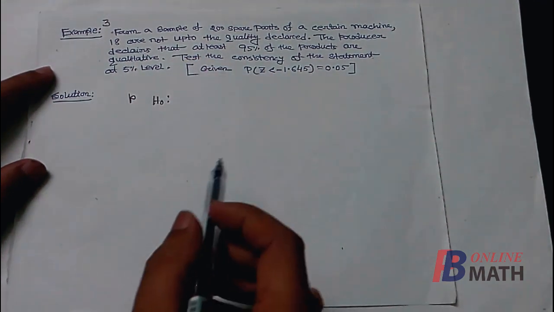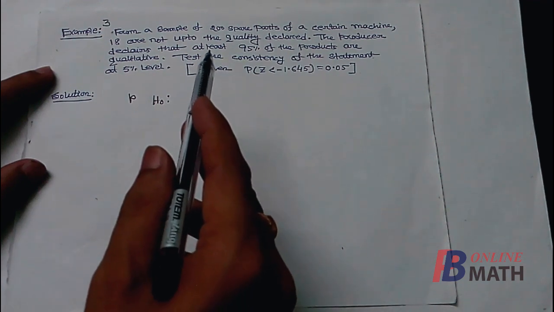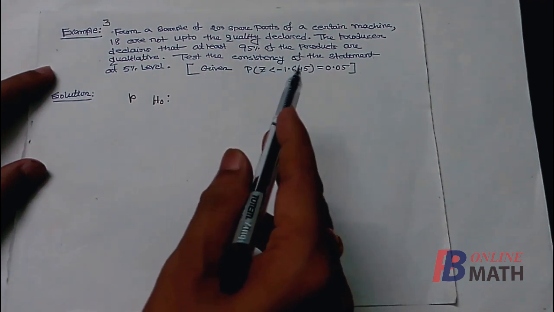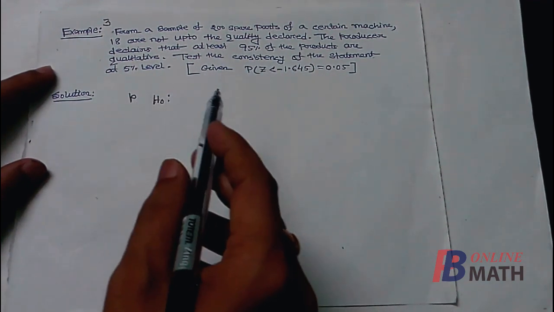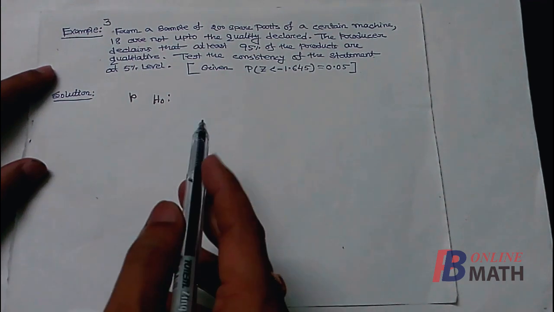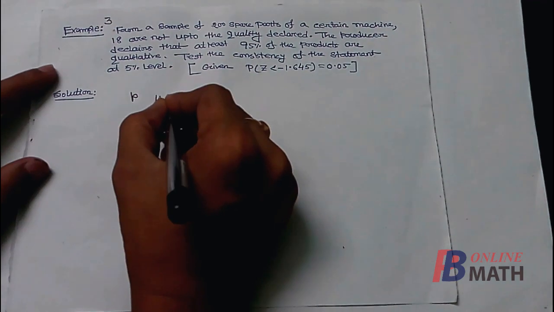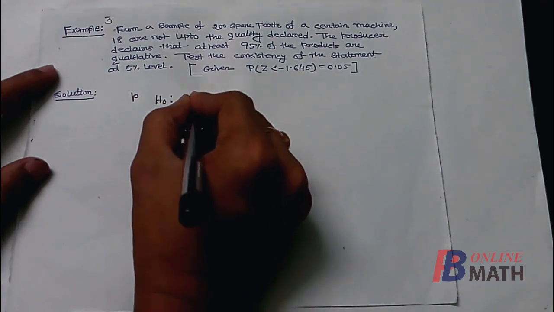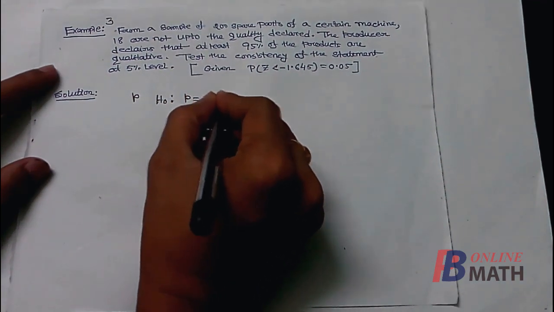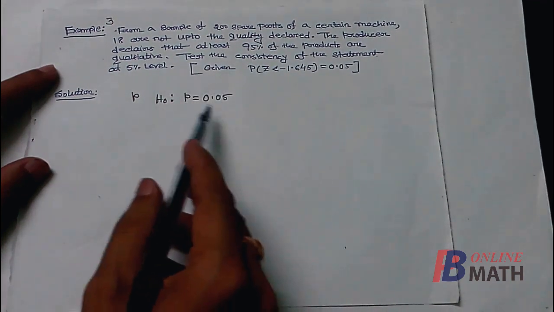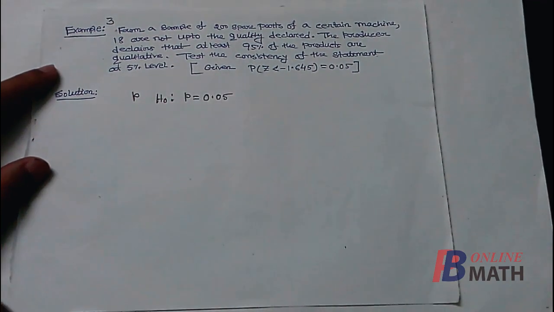It is given that at least 95% of the products are qualitative. That means the producer claims that at most 5% products are defective. So here we write the null hypothesis p equal to 0.05, that is, 5% products are defective.